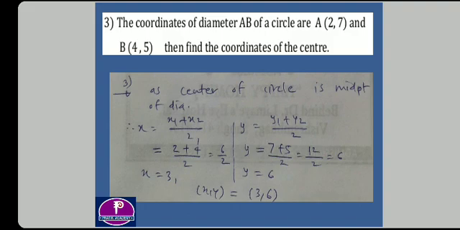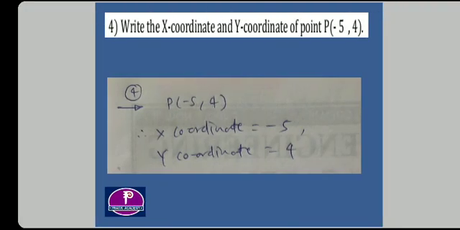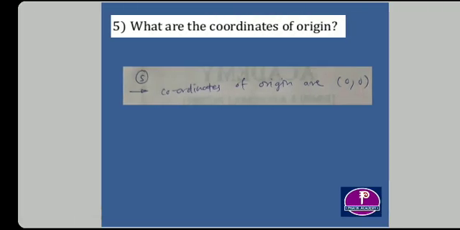The coordinates of the diameter AB of a circle are A (2, 7), B (4, 5). Find the coordinates of the center. As the center is the midpoint of the diameter, use the midpoint formula. We get (x, y) as (3, 6). Write the x coordinate and y coordinate of point P. So the first is the x coordinate -5, the second coordinate is always the y coordinate 4.